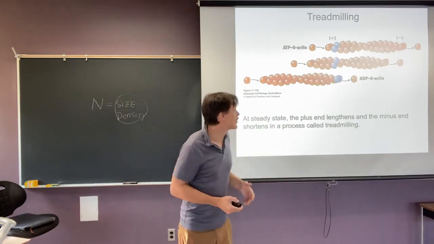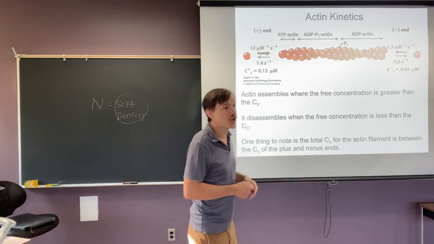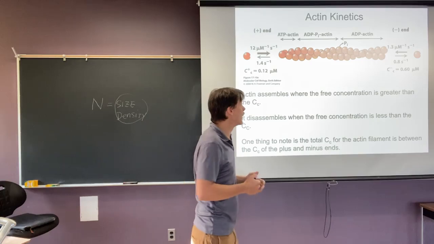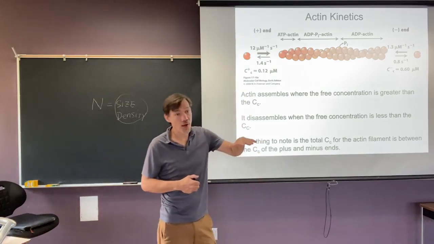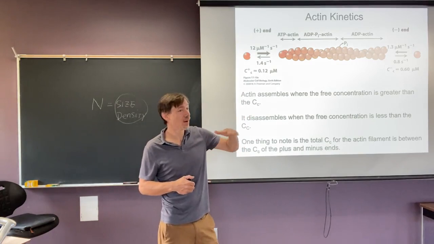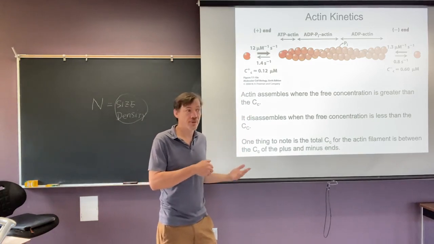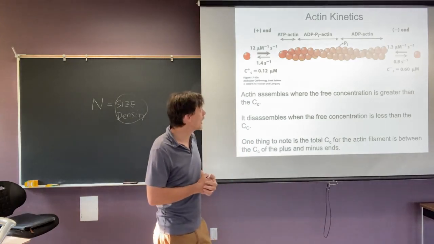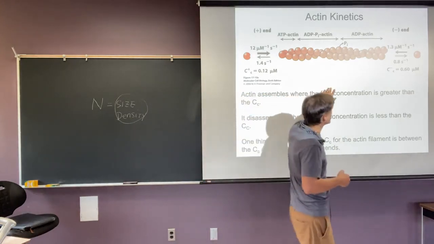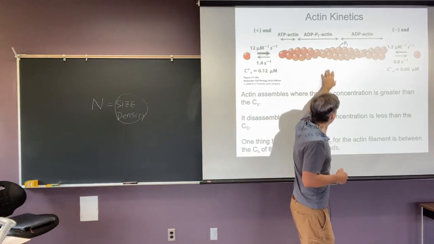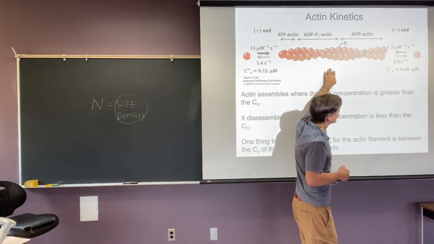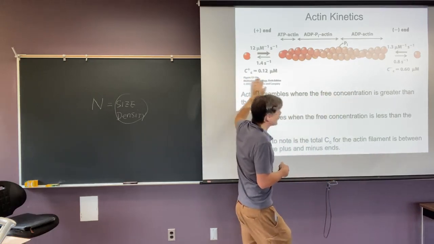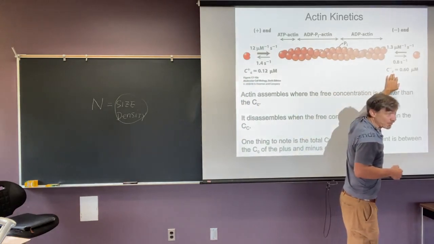If you have an actin concentration that is at the critical concentration for an actin filament, and as a reminder, the critical concentration is the steady state concentration where the rates of assembly and disassembly are balanced, then the critical concentration for the solution is going to be between the critical concentrations for the plus end and the minus end of the actin filament.